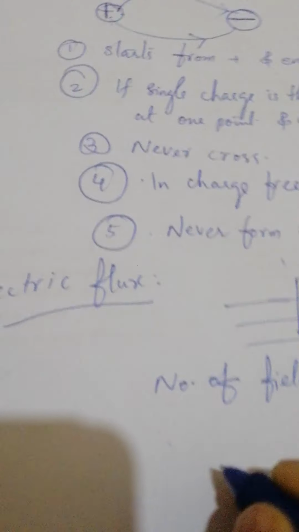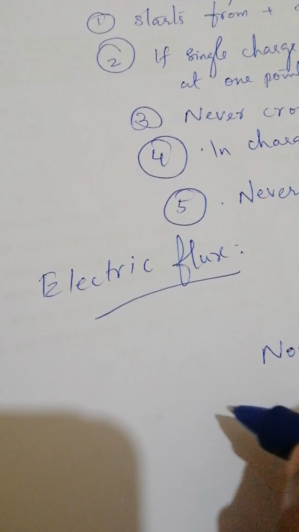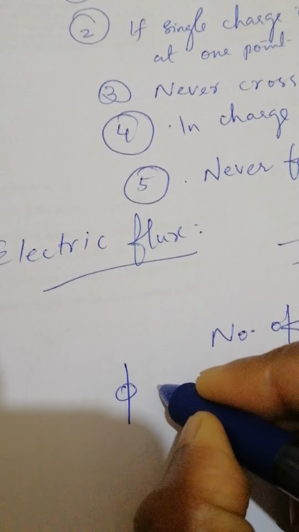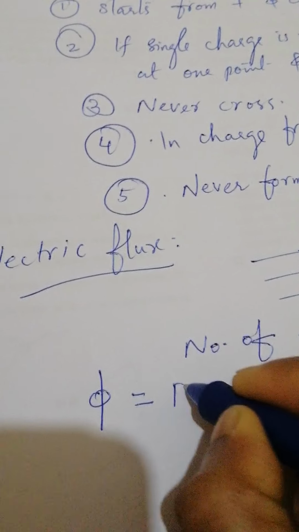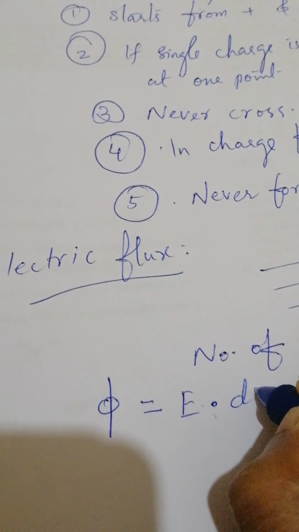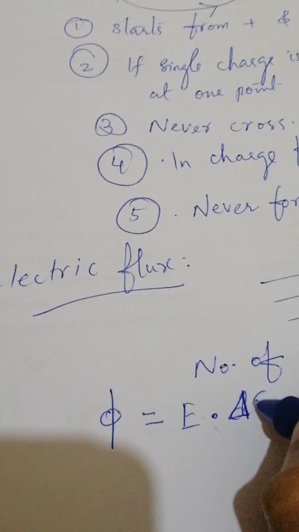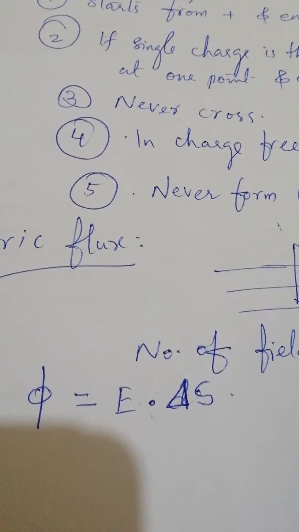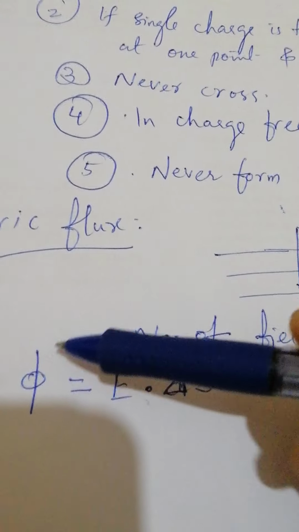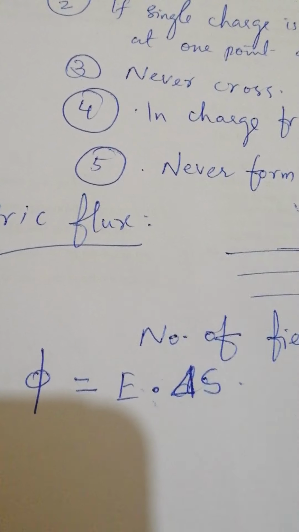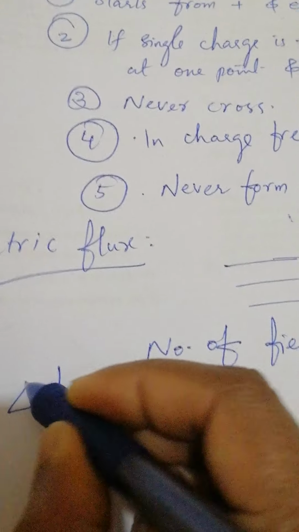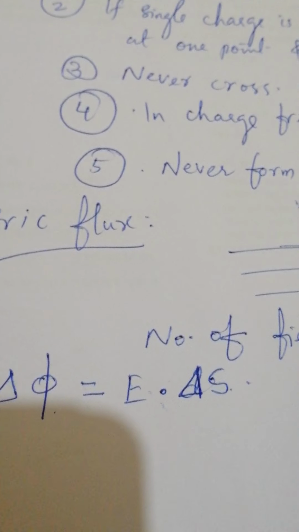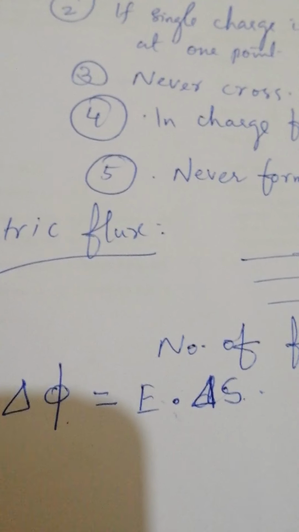Usually electric flux we can denote using the letter phi. So phi is equal to E dot ds, or delta s. E dot delta s, here we have taken the area as delta s. In your book it is written as delta phi. Delta phi is equal to E dot delta s, that is the number of field lines crossing an area delta s.